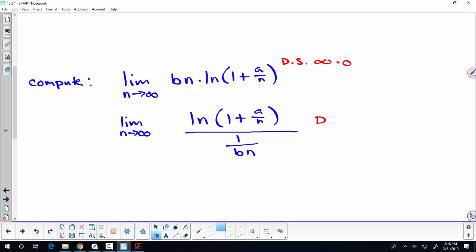Let's see what happens. Direct substitution gives us what? 0 over 0. So now this form is what we're going to apply L'Hopital's rule to.